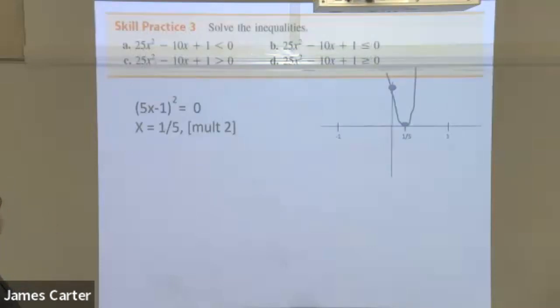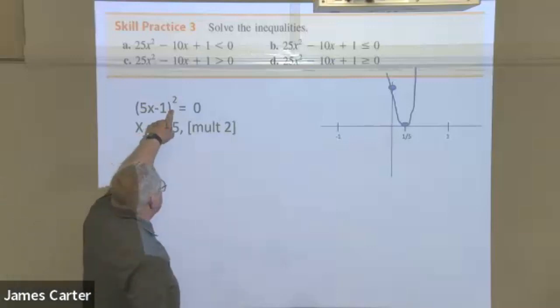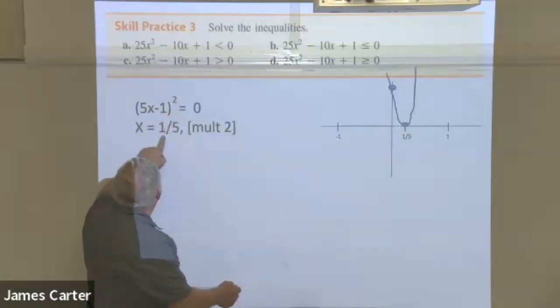And we don't have time to go through those. So, well, here's number A. This is number A right here. Number A factors into this. Okay? So we got a touch and go point right there at 1/5.